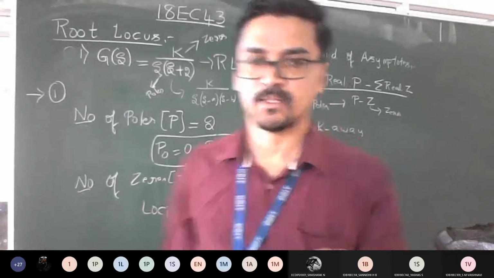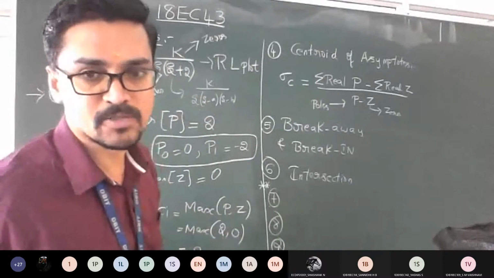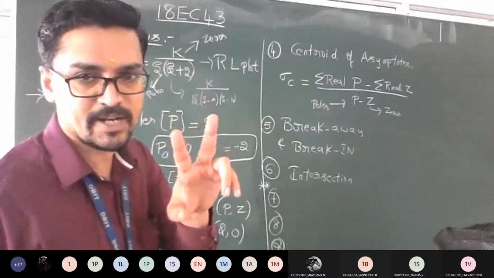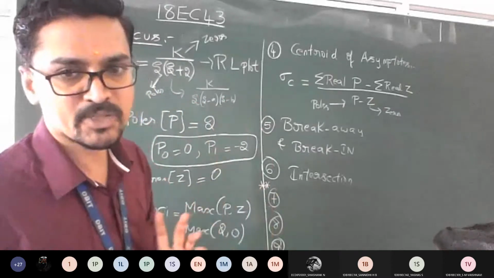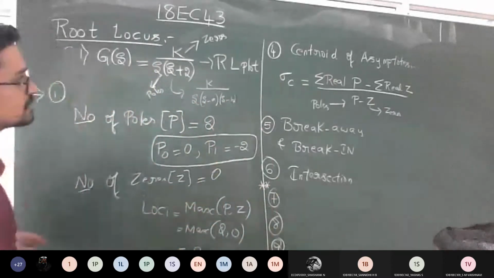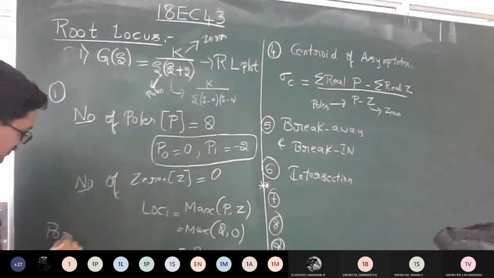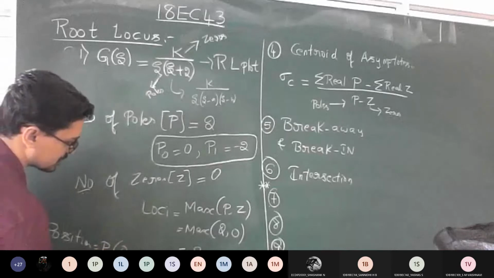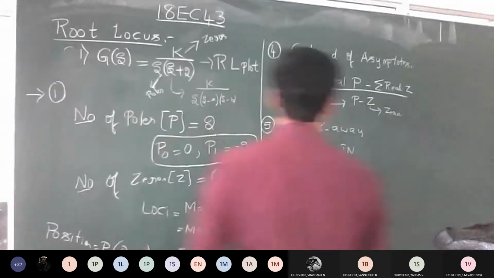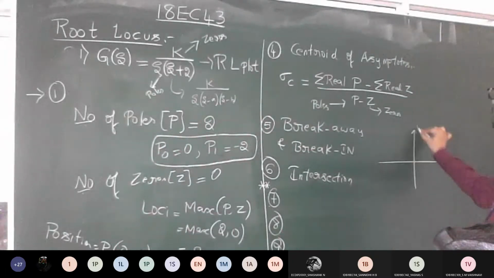Yes, sir. Then in the same step you need to tell the positions of your poles. We just got 2 poles, right? The values of the poles are 0 and minus 2. So let me write: the position of your poles P will be at 0 and minus 2. The meaning is, whenever you plot a sketch, this is your y-axis and this is your x-axis.